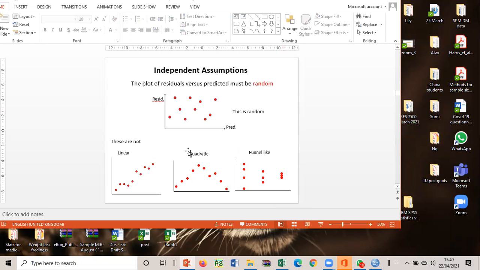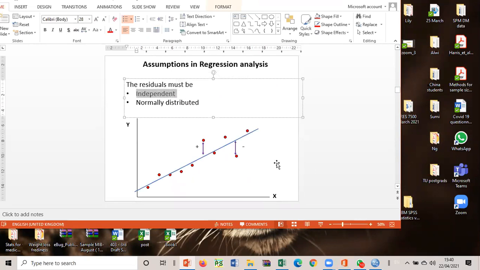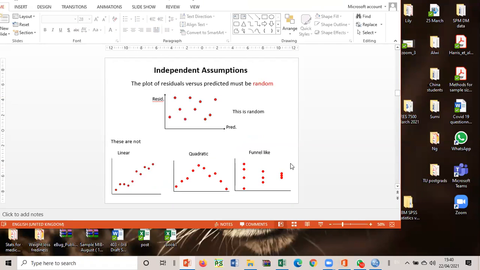If your graph comes like 2, 3, or 4, there's a violation of the assumption. That means this model is not valid, because this assumption is violated.